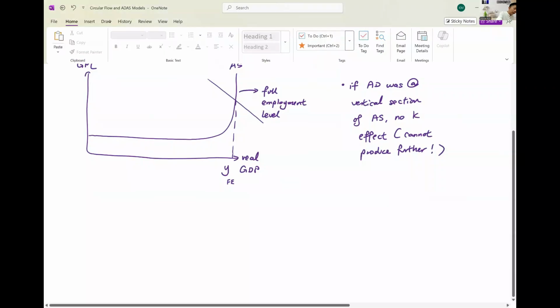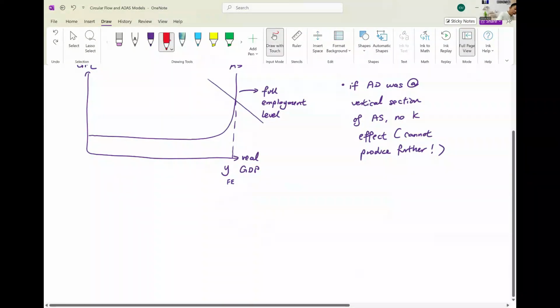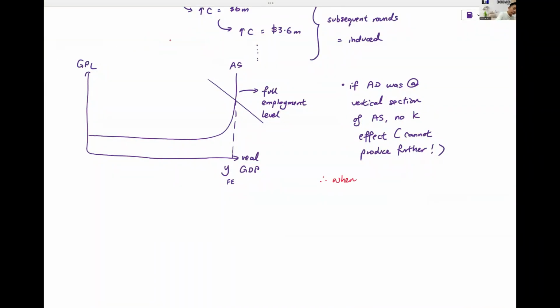So when you're trying to explain the K process using the AD-AS model, we have to assume the existence of spare capacity.